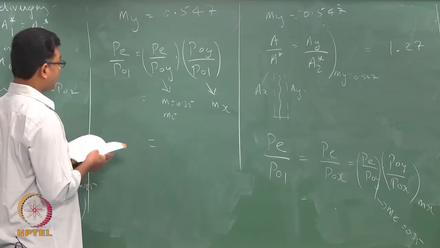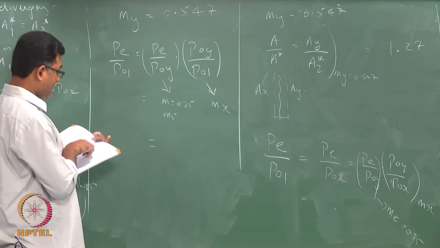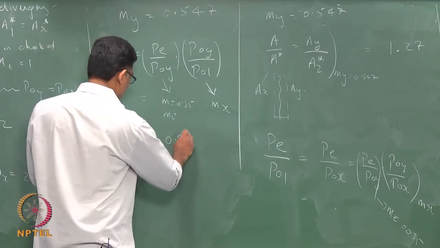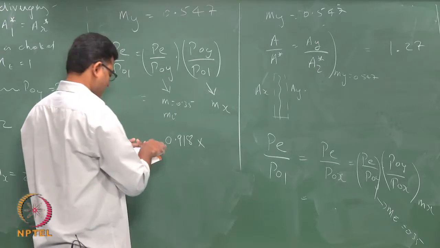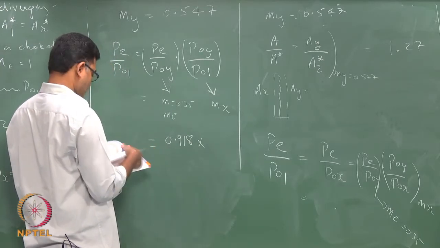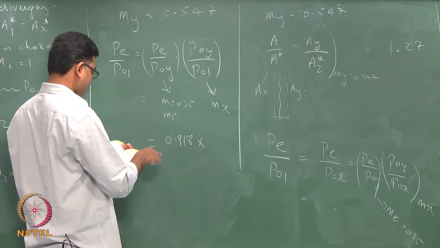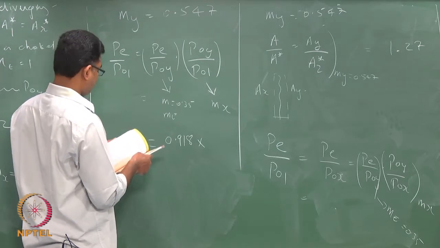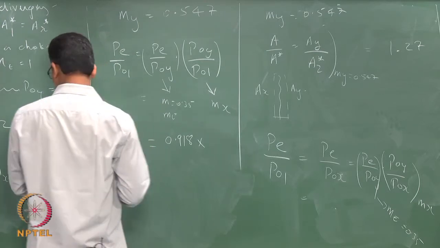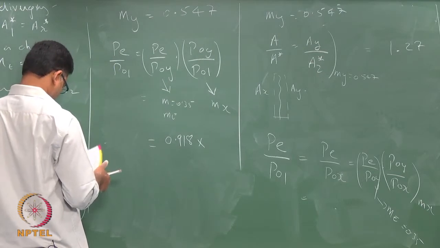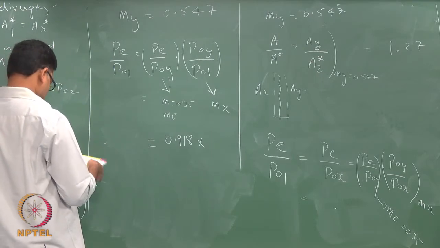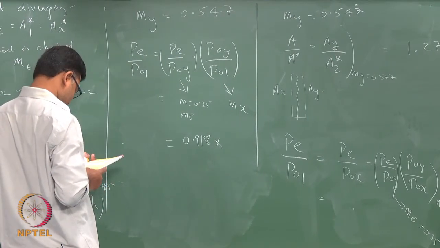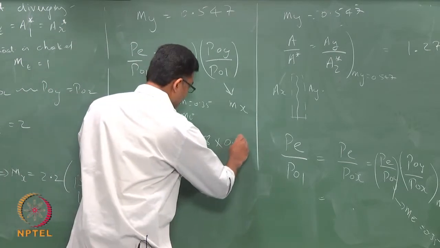So for M equals 0.35, my P exit by P0 is 0.918, multiplied by, I look at the shock tables, Mx equals 2.2, P0y by P0x is 0.628.